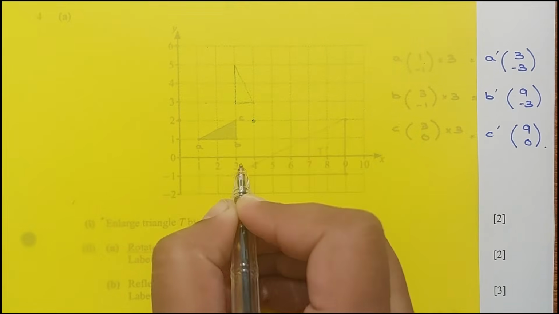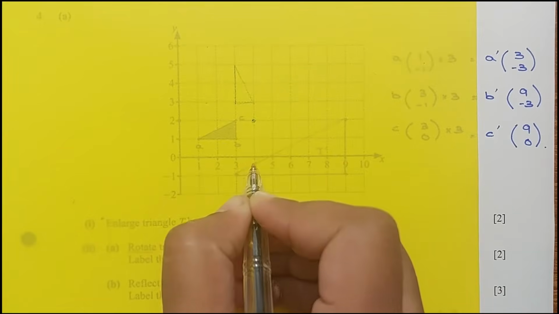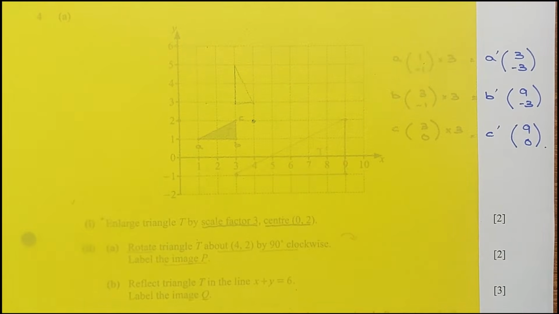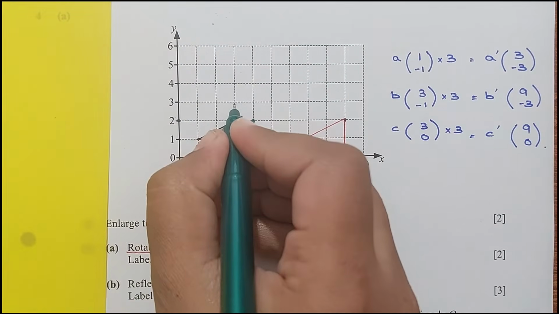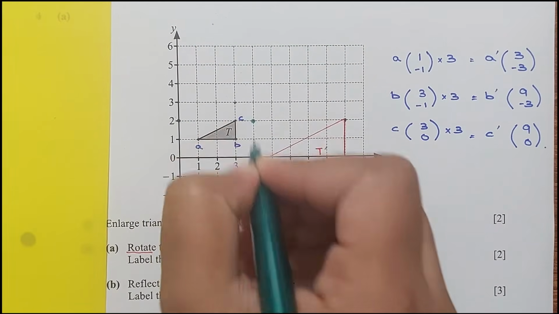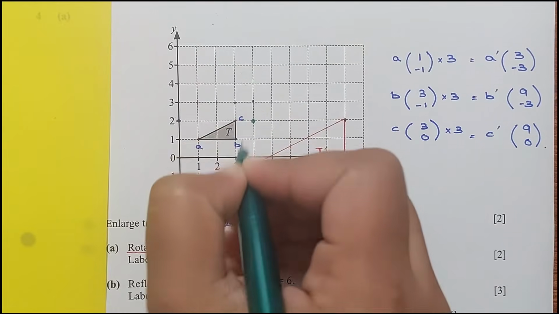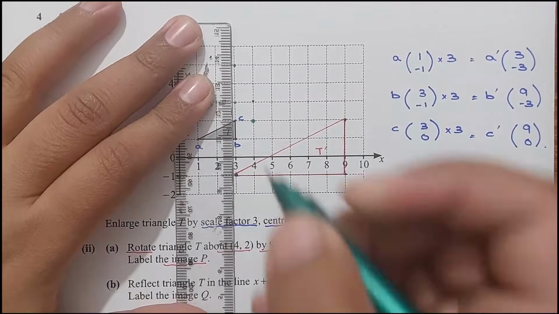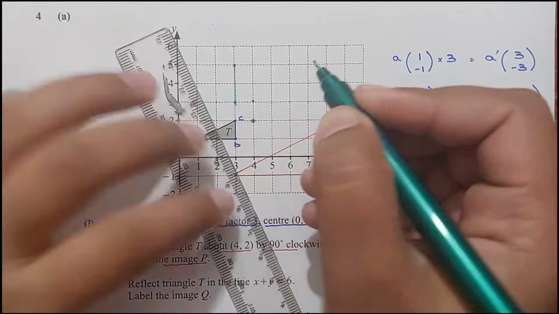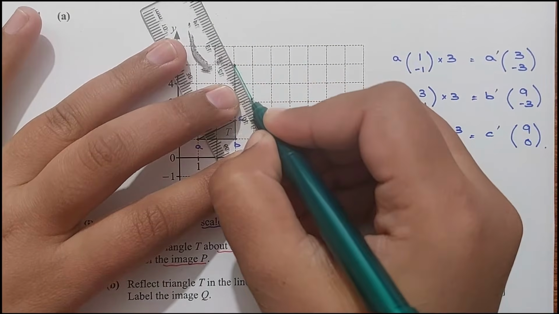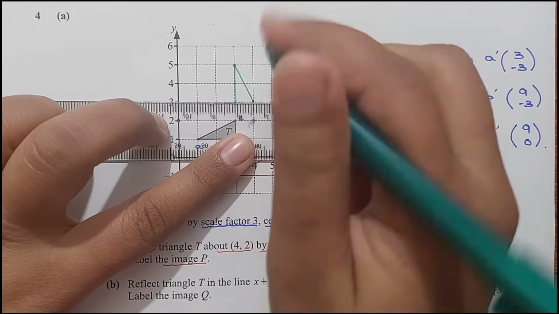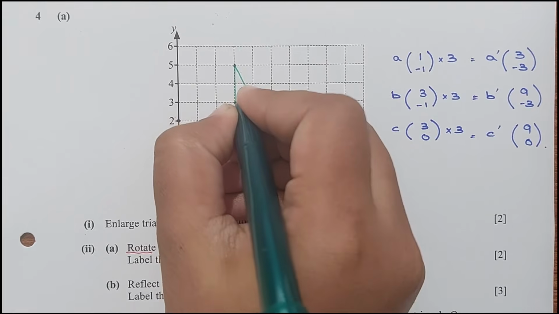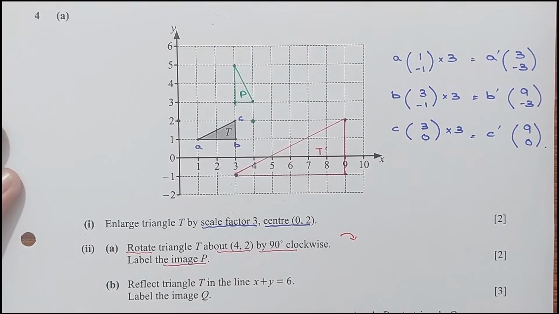So these are the coordinates now: 3, 3, 4, 3, and 3, 5 of the rotation. And we have to name this triangle as P. This is P, right?